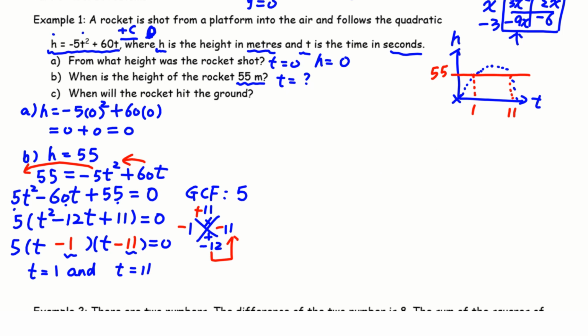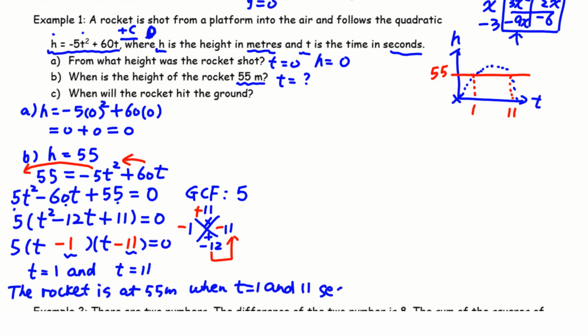So the rocket is at 55 meters when t equals 1 and 11 seconds. So it reaches 55 meters twice.